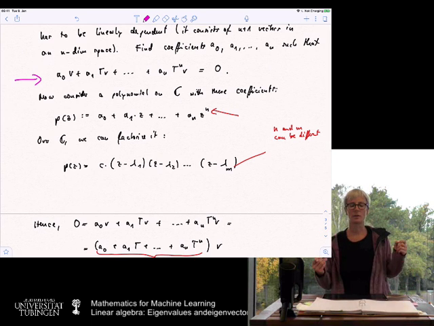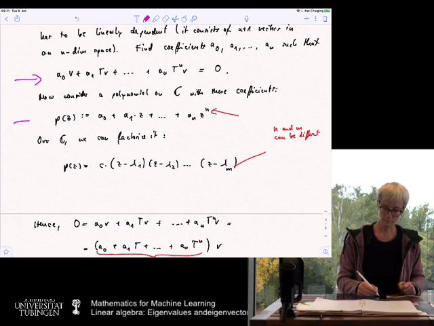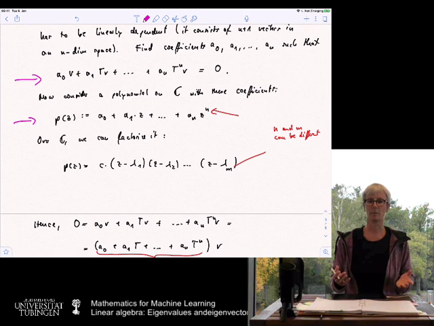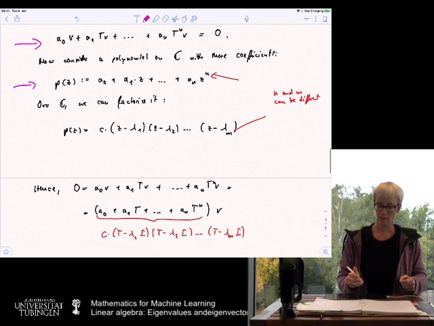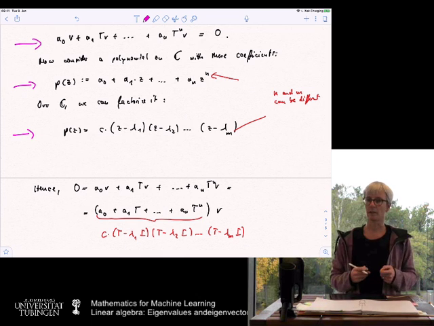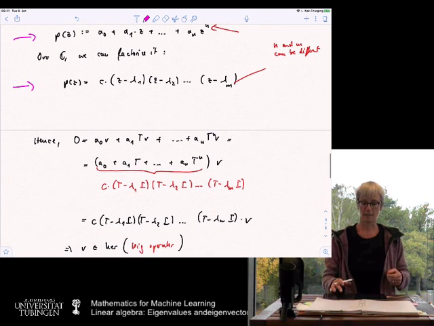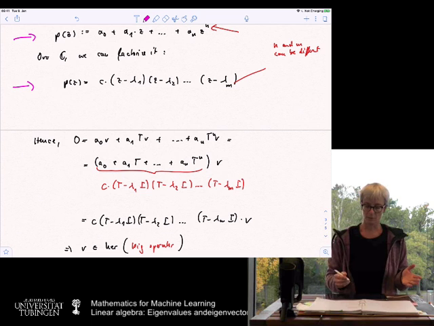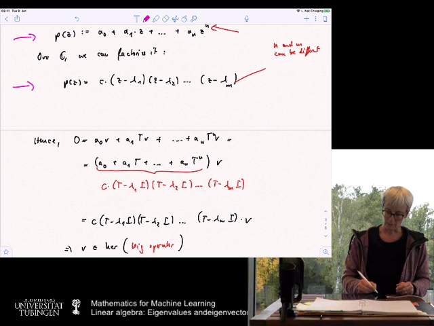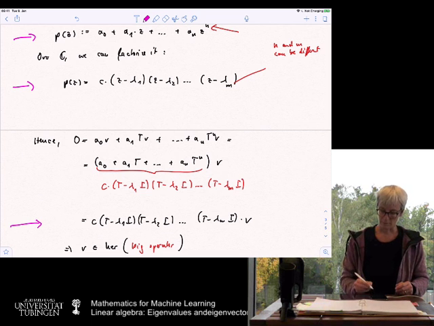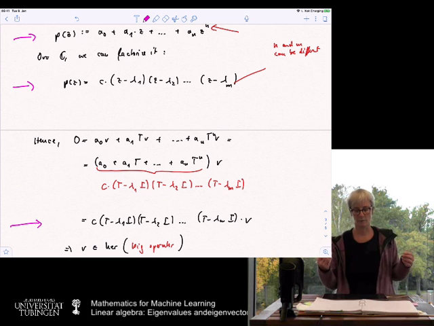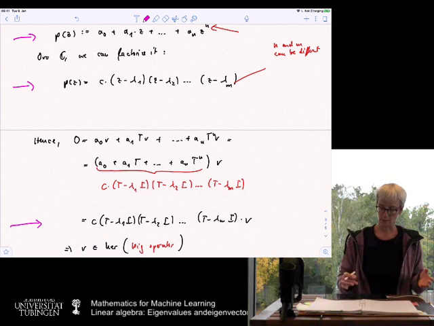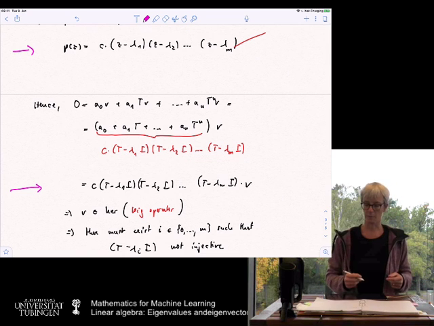Now the trick is we go over to this polynomial. We interpret this as a polynomial, so the coefficients we take as a polynomial. We are over C, so we can factorize the polynomial. And then we translate it back, saying the factorized polynomial also implies that we can factorize, if you want, this big linear operator.